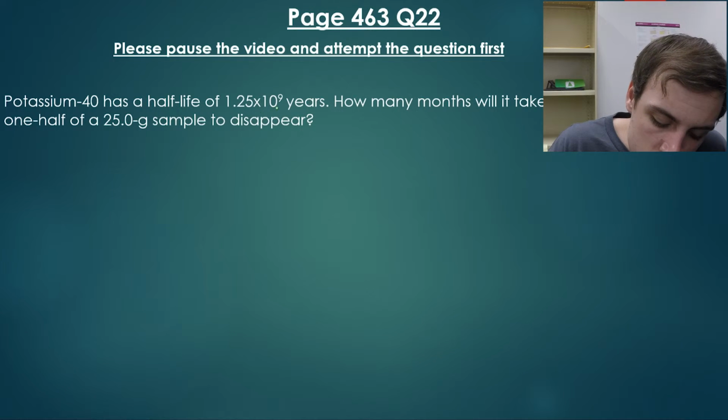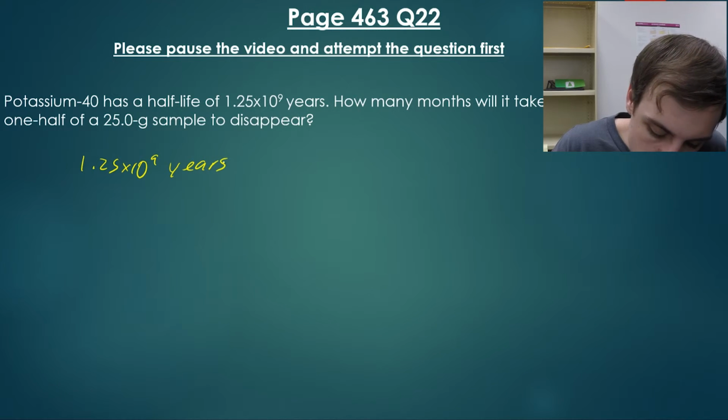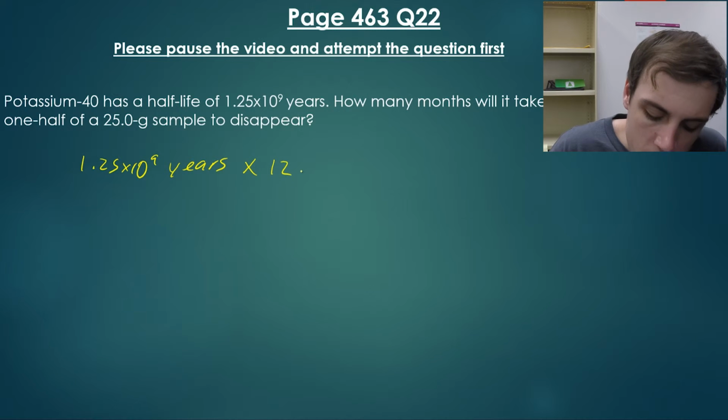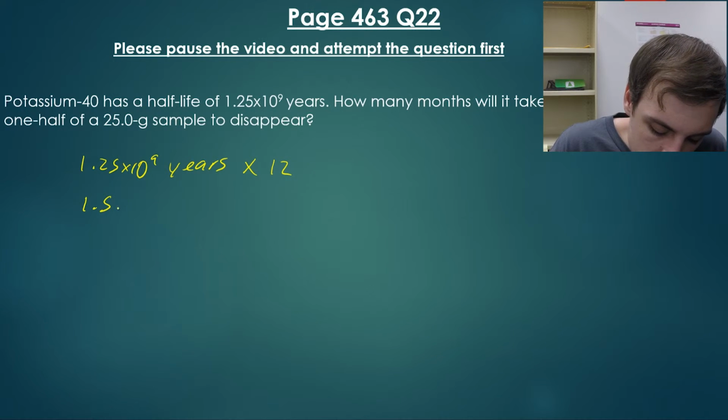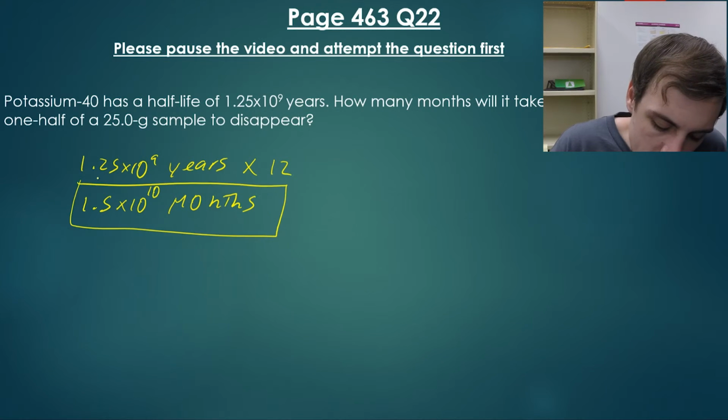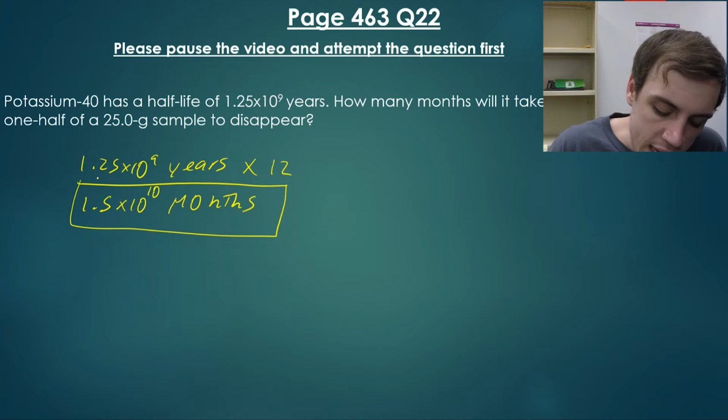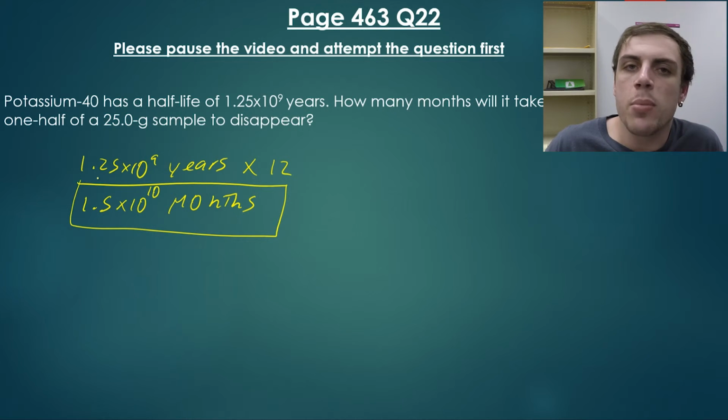So all we need to do is take 1.25 times 10 to the 9 years and multiply that by 12, to convert it to months. So 1.25 times 12 gives us 1.5 times 10 to the 10 months. That is the half-life of potassium-40 in months. That's how long it's going to take a 25-gram sample to halve.